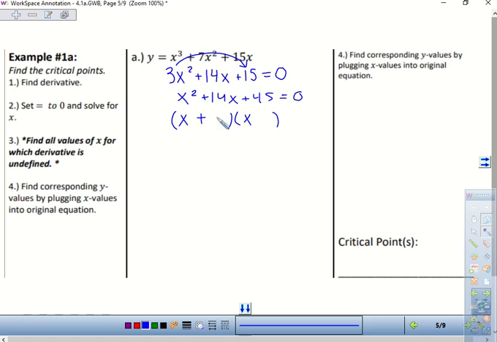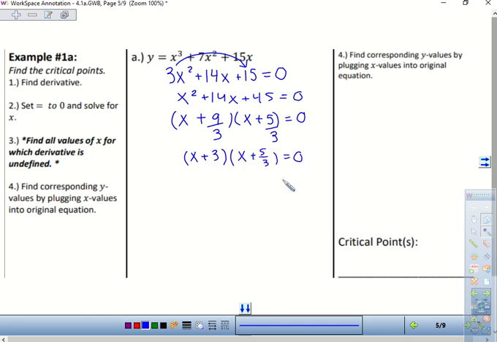That's the good and the bad about it, right? So factors of 45 that will add up to 14 will be 9 and 5. Everybody good with how I got that? Now, because we did the AC method, we have to divide by 3, which gives me x plus 3. And then you could bring this back over in front if you want, but I'm not going to because we're just going to solve it, right?